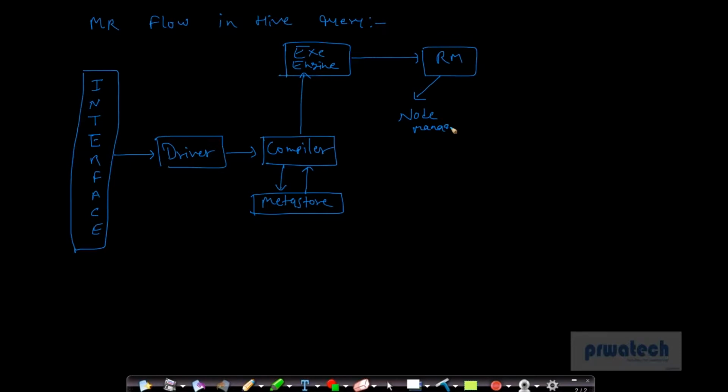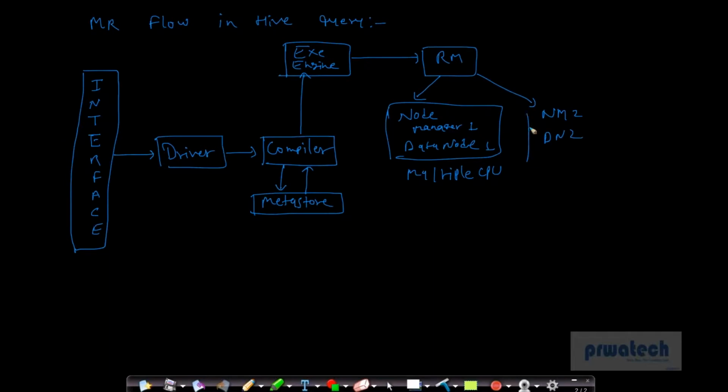Resource manager is submitting this to number of node manager, where we have data node available and multiple CPU processing based on the multiple task. Suppose I have another node manager. This is one, this is two.